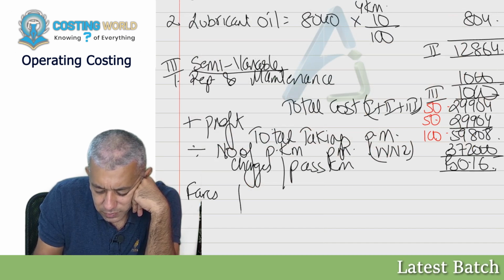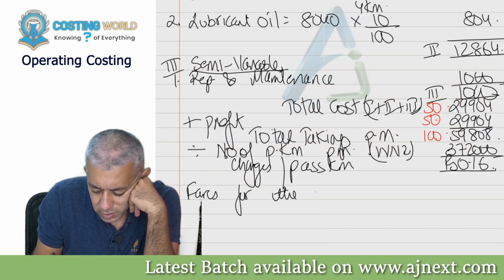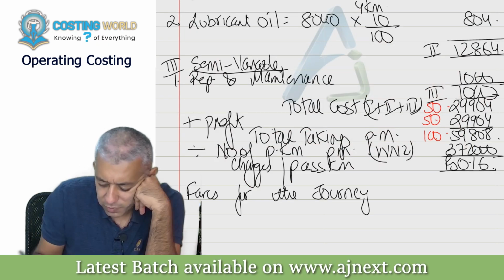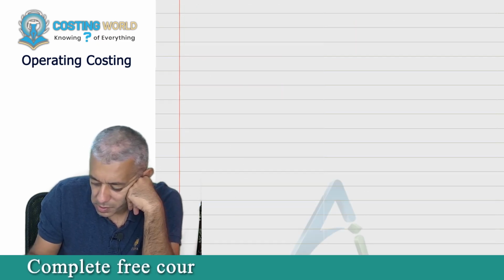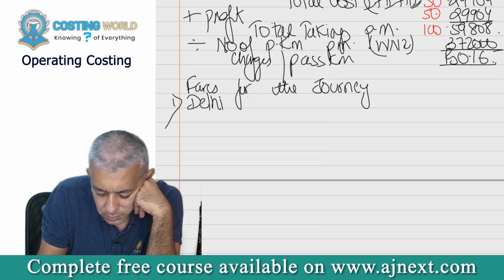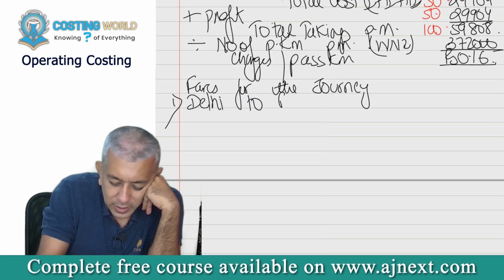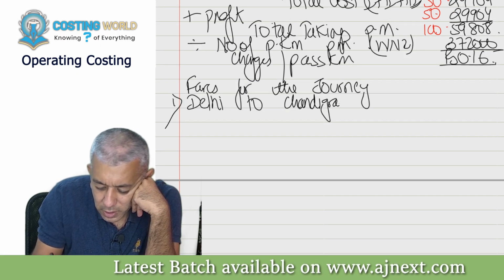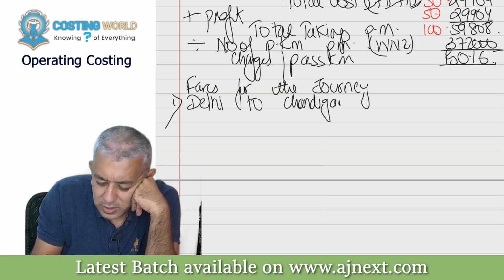So write down fares for the journey first, Delhi to Chandigarh. Answer me one, the others will be all okay.